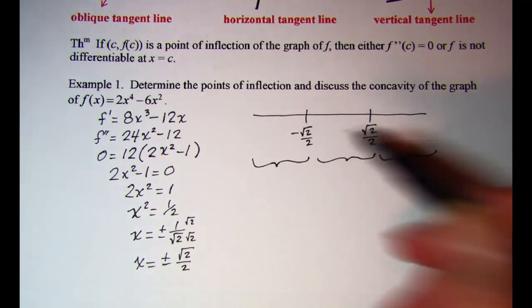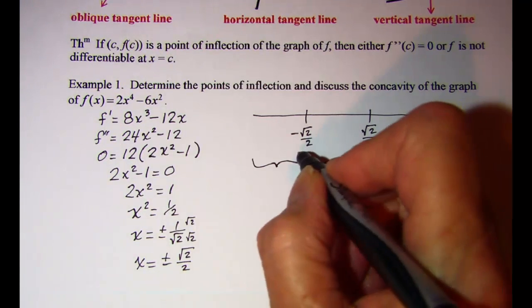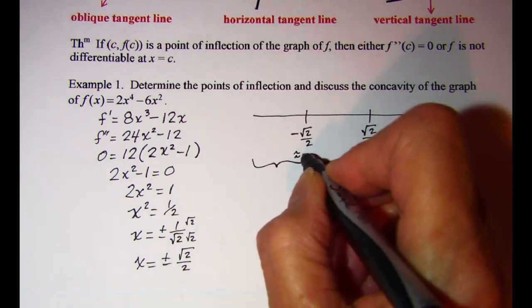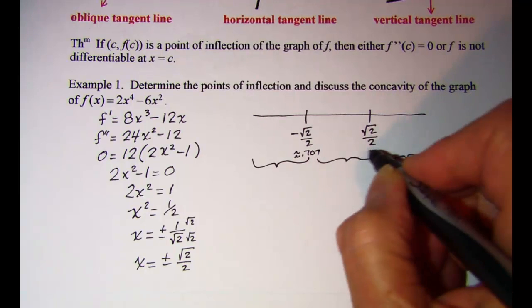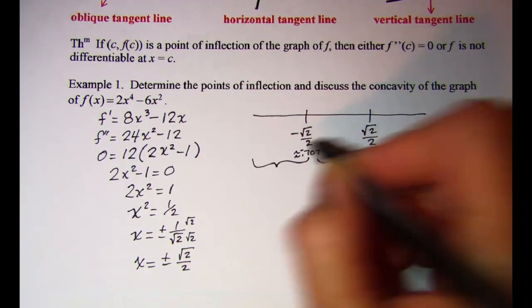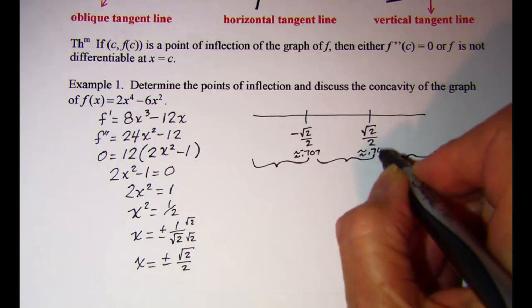Now, root 2 over 2 is approximately 0.707, and negative here is approximately negative 0.707.